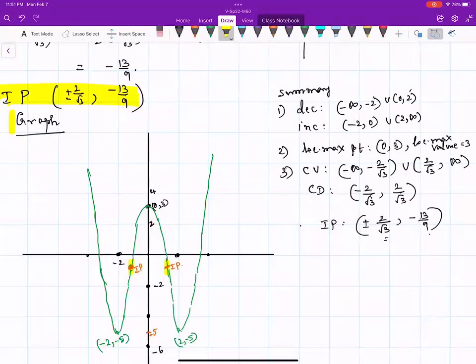So we have placed those inflection points there. And we have seen the local maximum point, which is this (0, 3). We have shown the inflection points on the graph, and we have written them. So this is how the graph is sketched using the calculus techniques.